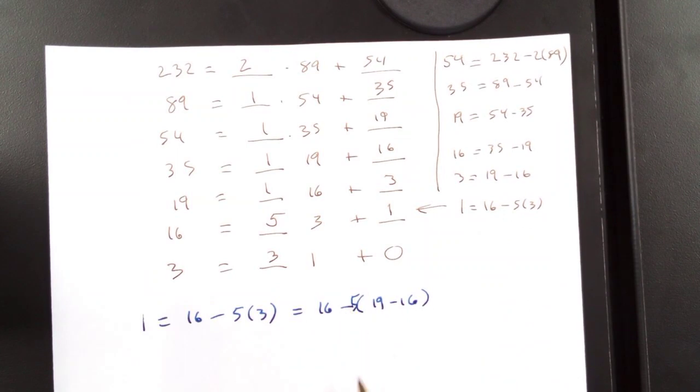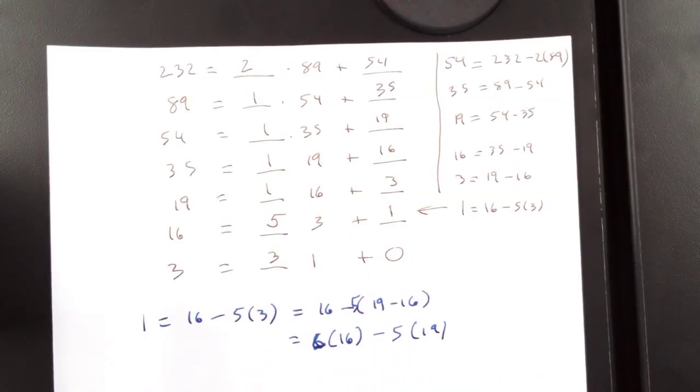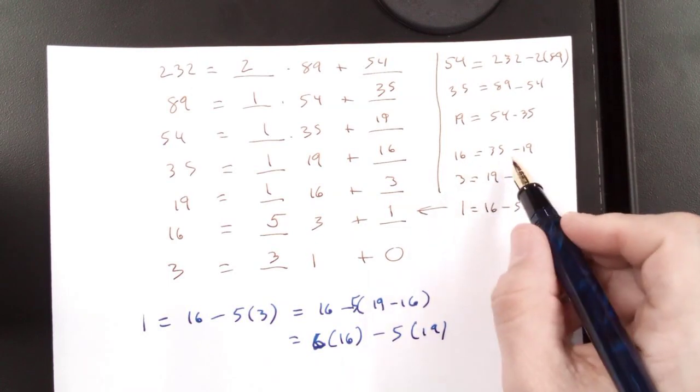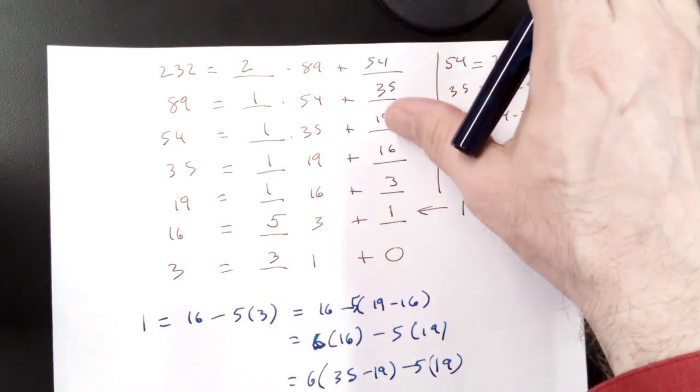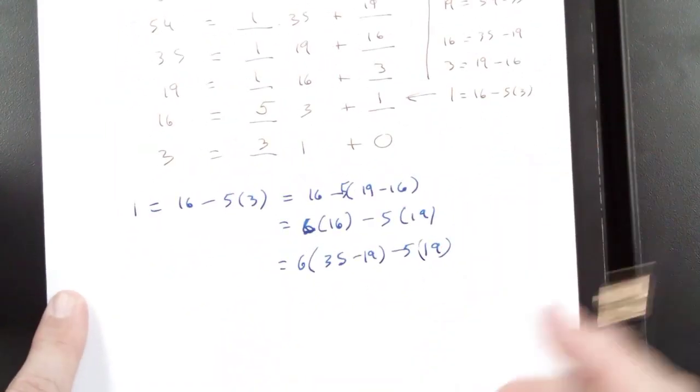Don't forget that the 5 was out there. So that's 6 16s minus 5 19s. Wait a minute, 16's the remainder up here. 6 times 35 minus 19 minus 5 times 19. And so on.